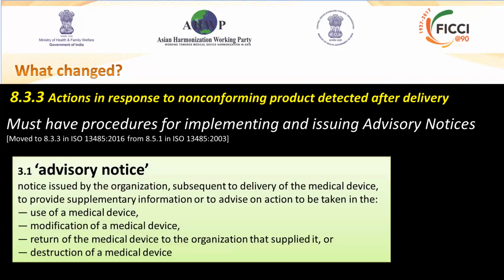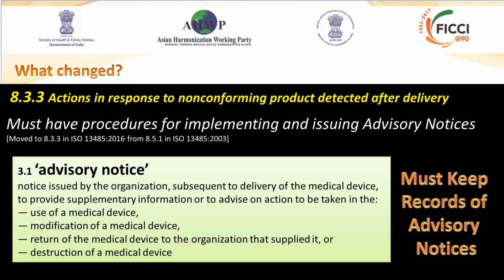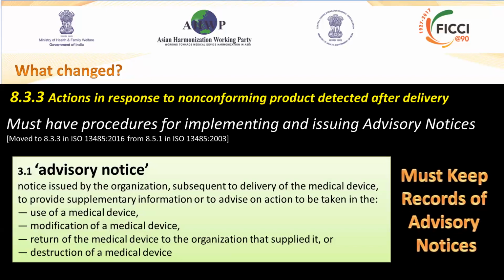So these aren't necessarily required for when there's a serious incident in the field. It could be that maybe people are confused about how the device is operated. Maybe there've been some use errors that have caused some issues. So an advisory notice is just a tool that can be used in the process for corrective actions, especially related to non-conforming products. So must keep records of advisory notices.